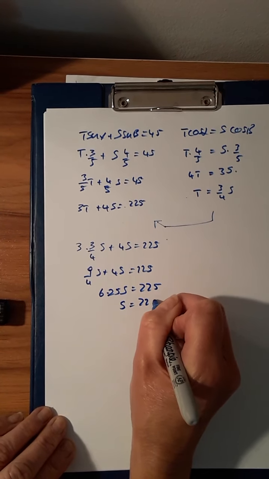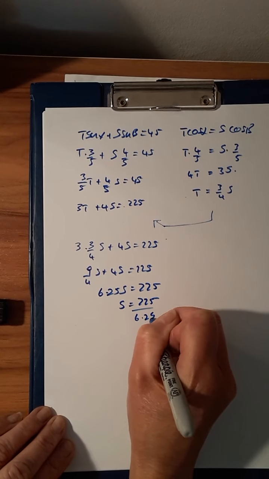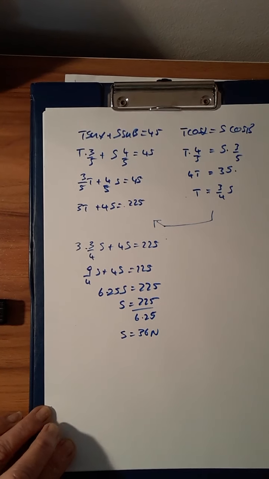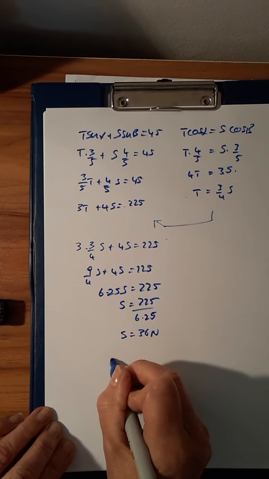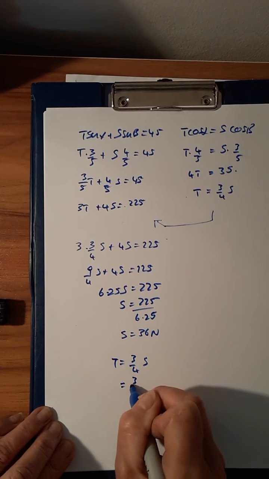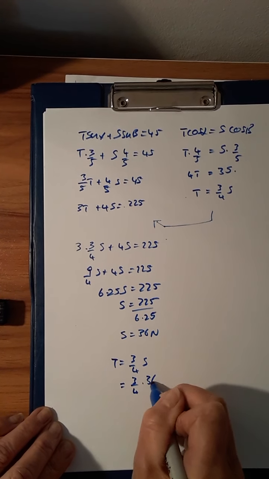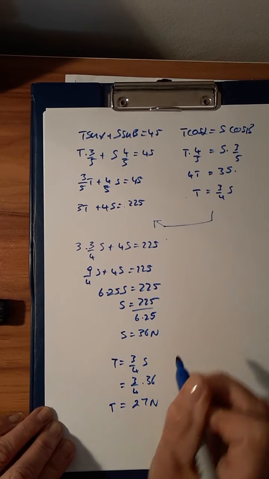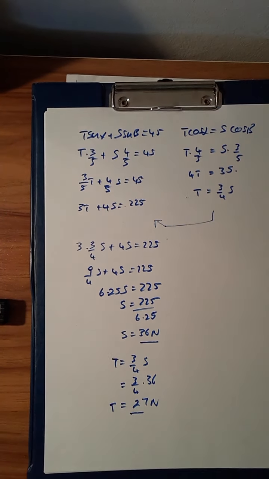So s is 225 over 6.25, and that gives me an s of 36 newtons. And then I'm going to find t. So t is 3/4 s, so that's 3/4 of 36. So that would be 9 3s are 27. So that gives me my 2 forces.